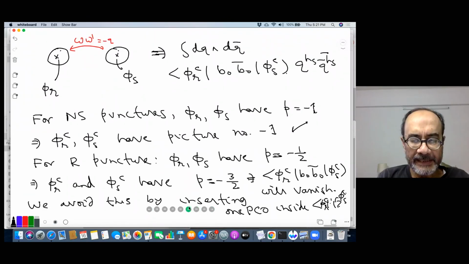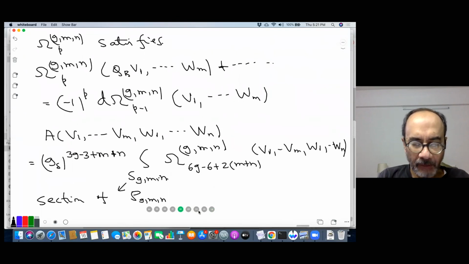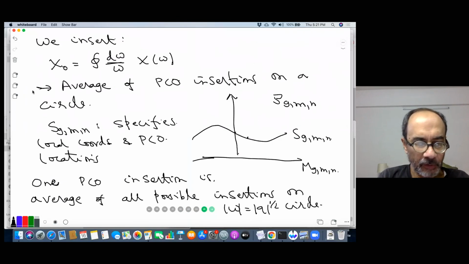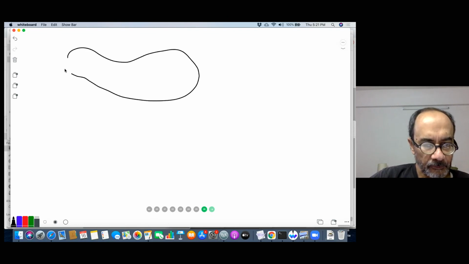So locally, it is reasonably well understood. Basically, maybe I draw one figure. This is g equal to 2, n equal to 2, but the general picture is still valid.